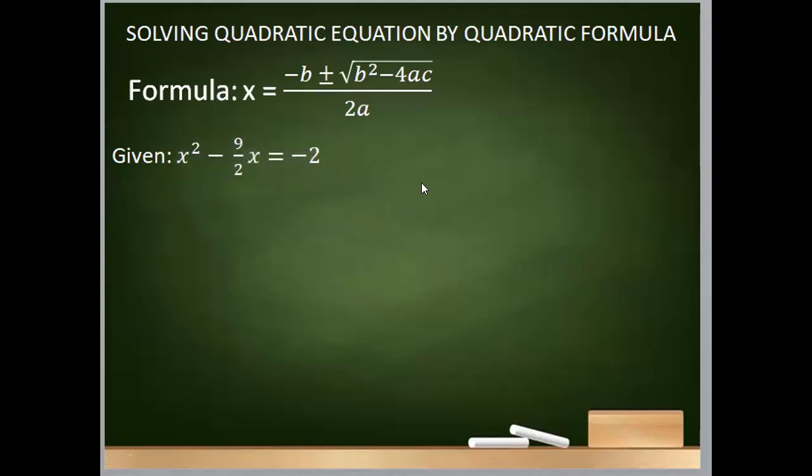Okay, so now, before we determine the values of A, B, and C, we need to multiply both sides by 2. We need to get the common denominator, or the least common denominator, of this expression. Okay, so the least common denominator is 2. Kung ano po yung denominator po ng ating isang given sa ating expression, yun po yung kukuhanin natin, which is 2.